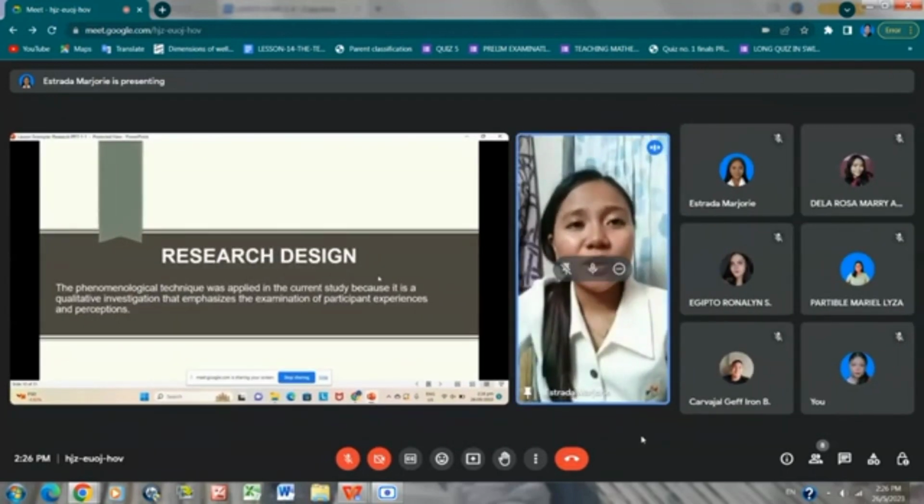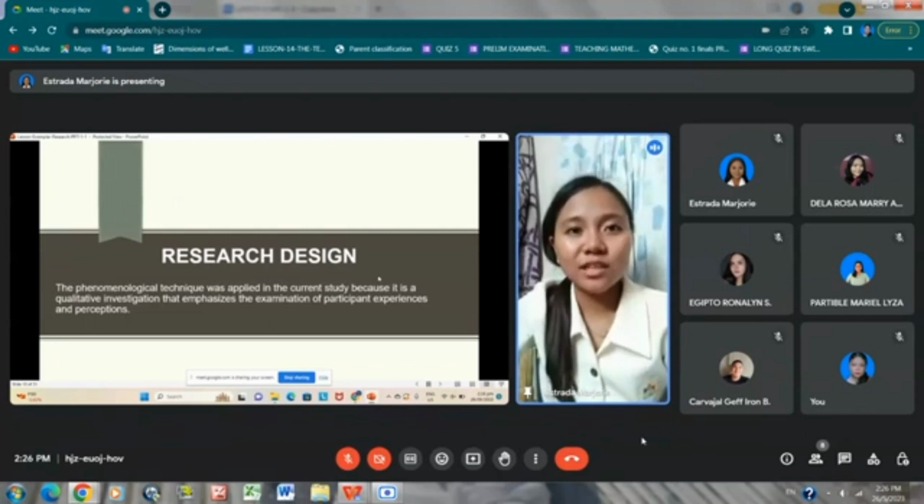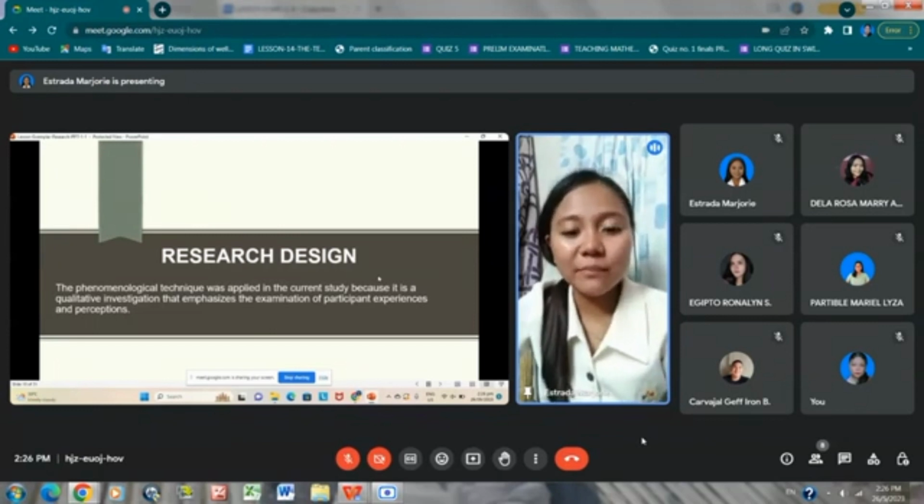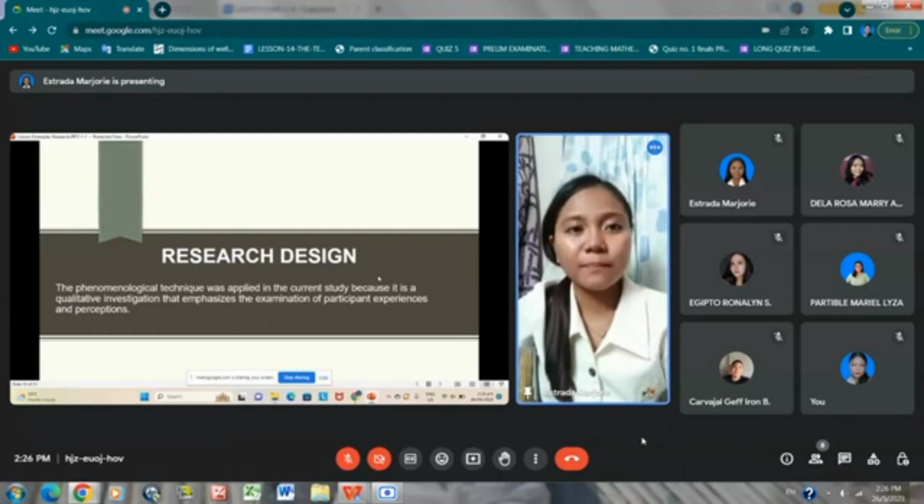Research design. The phenomenological technique was applied in the current study because it is a qualitative investigation that emphasizes the examination of participants' experiences and perceptions.